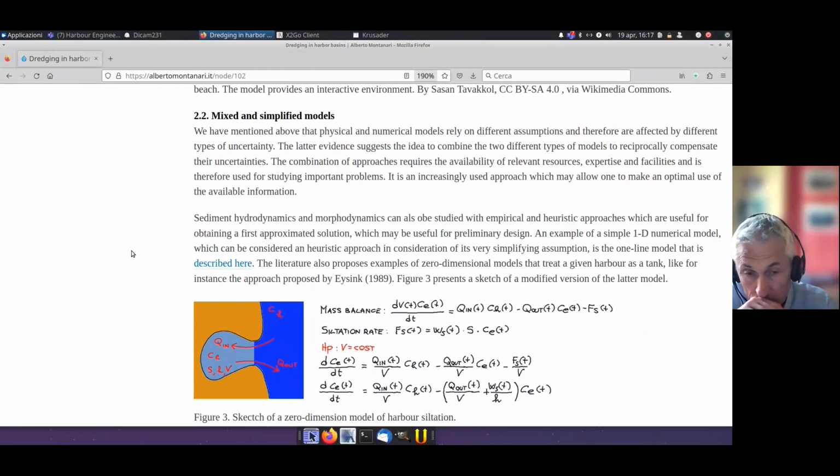Now I want to show you an example of an even simpler model, which is called the zero-dimensional model, which treats a given harbor as a tank. This one that I am presenting here is an approach that was proposed about 30 years ago.